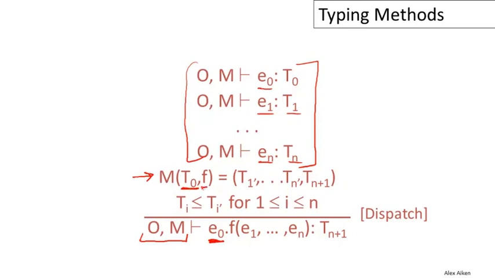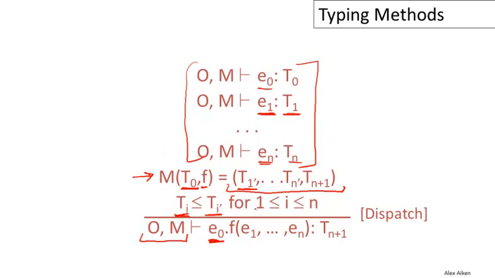There had better be a method called f defined in class T0, and it must have some signature with the right number of arguments. Then the actual arguments that we're passing, E1 through En, must have types that are subtypes of the declared formal parameters. For example, the signature of f says that the first argument of f has type T1 prime, so we're going to require that the type of E1 be some type T1 such that T1 is a subtype of T1 prime, and similarly for all the other arguments of the method call.